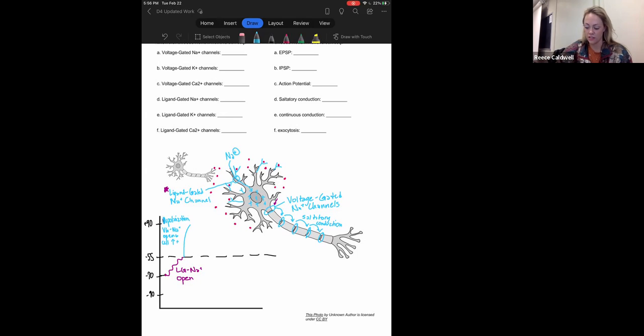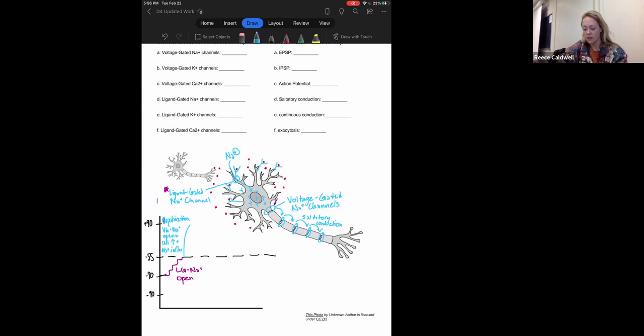So we have that influx of sodium into the cell, down the axon, and that is what causes that rapid rise in positivity or of voltage.